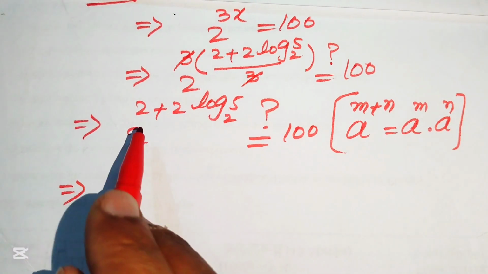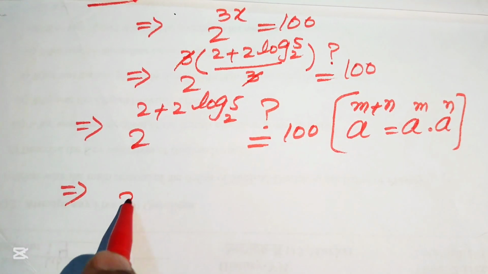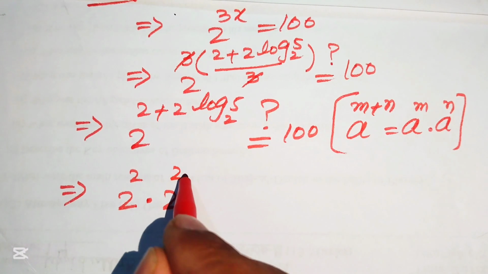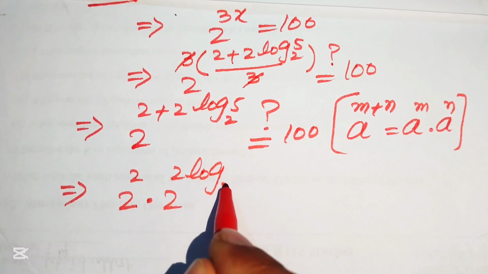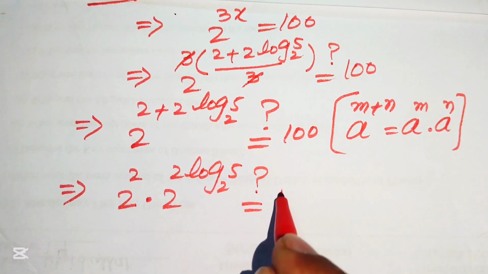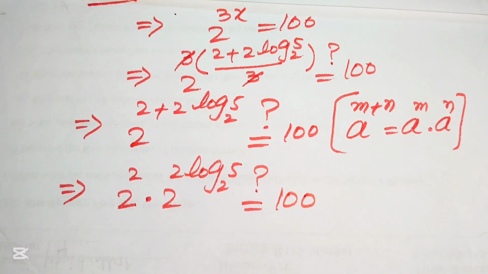According to this law, we separate these two exponents and we write it as 2 to the power of 2 multiplied by 2 to the power of 2 log base 2 of 5, and we check whether this equals 100 or not.